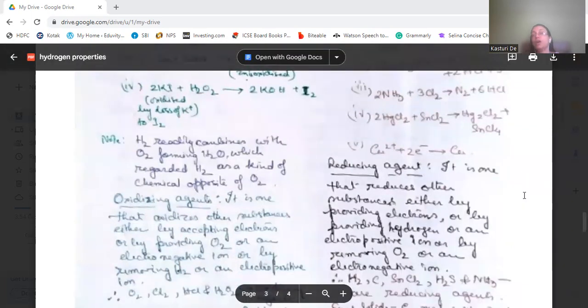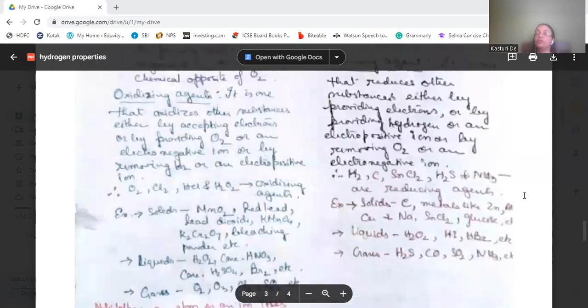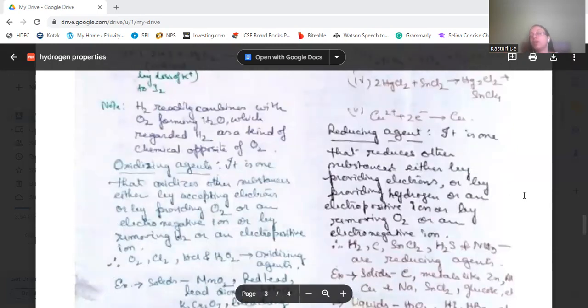Now reducing agents. Reducing agents are those that reduce other substances, either by giving electrons, by giving hydrogen to them, by adding an electropositive ion, or by removing oxygen or removing an electronegative ion.